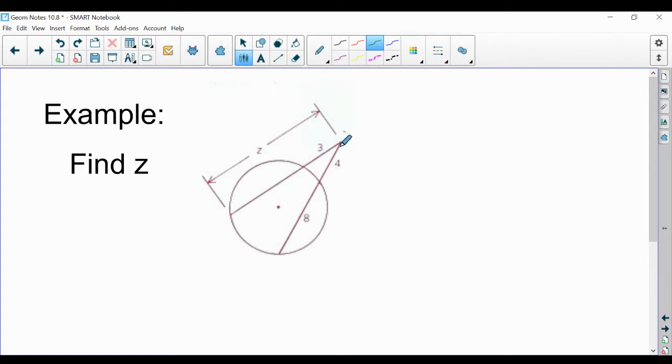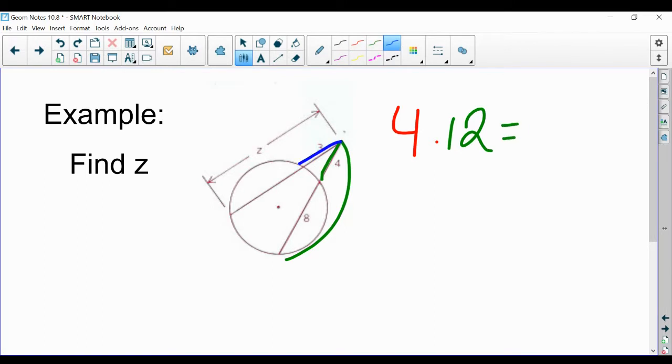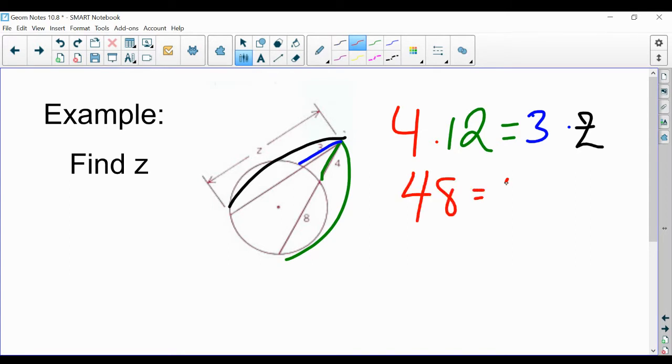For the outside part times the whole thing, which is not 8, it's 12, that is equal to outside part, which is 3, times the whole thing, which is z. All right. So 4 times 12 is 48, and that's equal to 3z. So that means that z has to be 16.